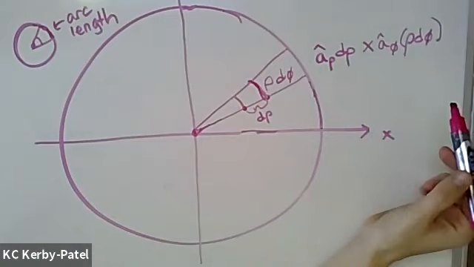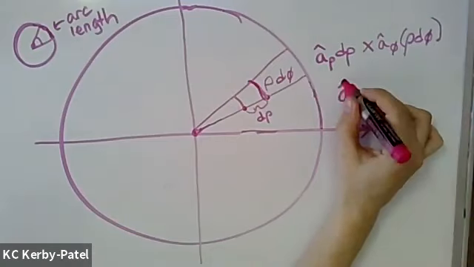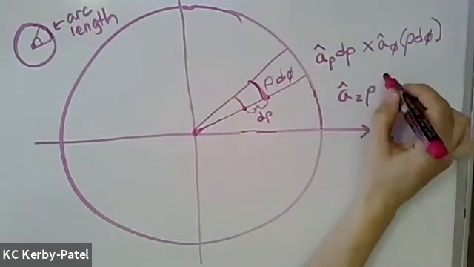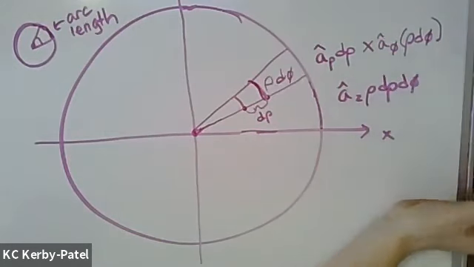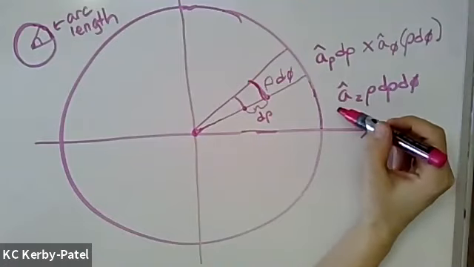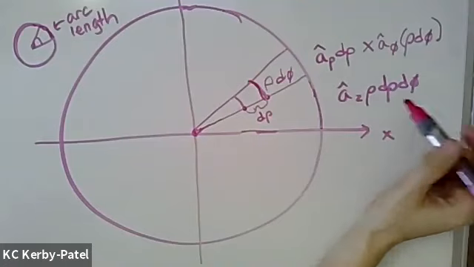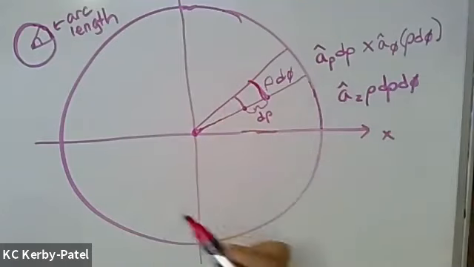And when I do that, I get a hat z rho d rho d phi, which is a differential surface element for a circle in cylindrical coordinates. Does that make sense? Want me to do another one?